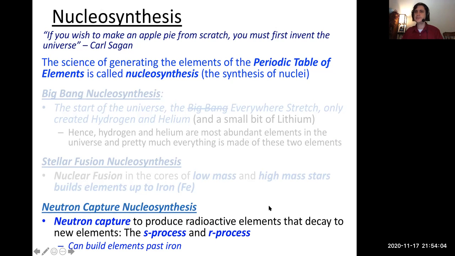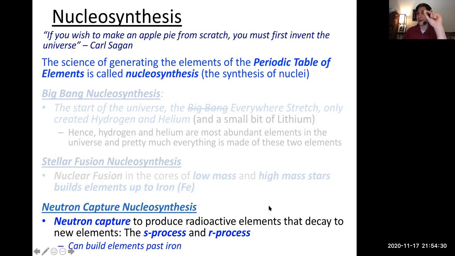Well, we have to use a different process than fusion, and that process ends up being neutron capture, where you're going to have a nucleus, and it can be light or heavy, and you're just going to take a lonely singular neutron and add it to the nucleus, making a different isotope of the element that the neutron got added to.